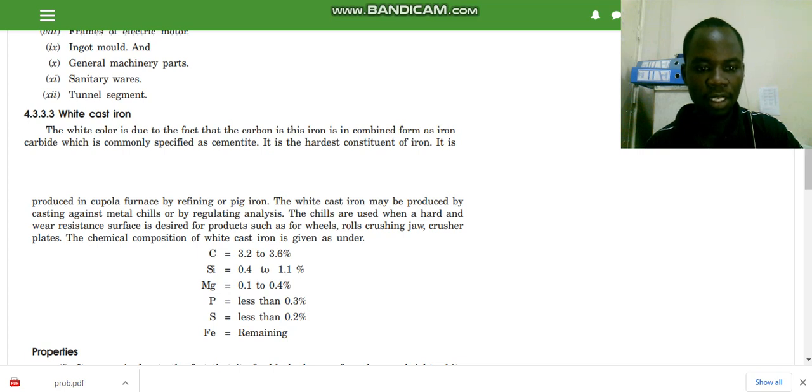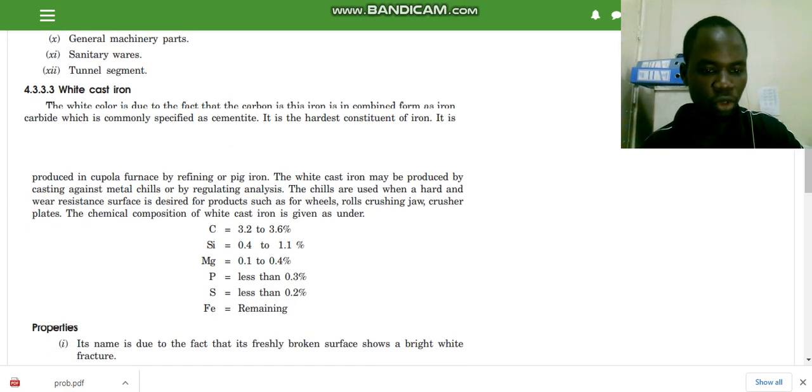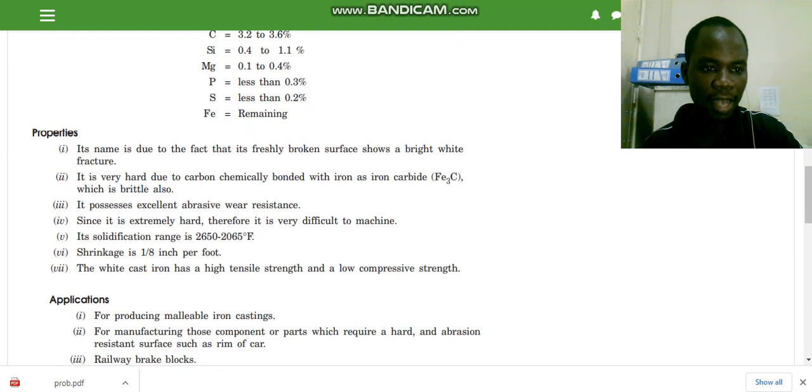So it has 3.2 to 3.6% of carbon, 0.4 to 1.1% of silicon, 0.1 to 0.4% of manganese, and 0.3% or less of phosphorus and 0.2% of sulfur. The remaining composition is the iron.